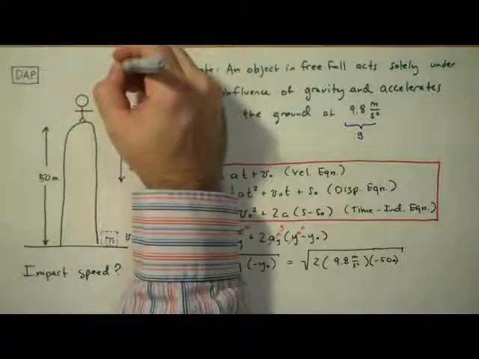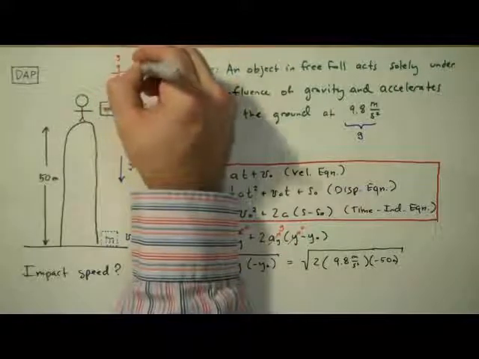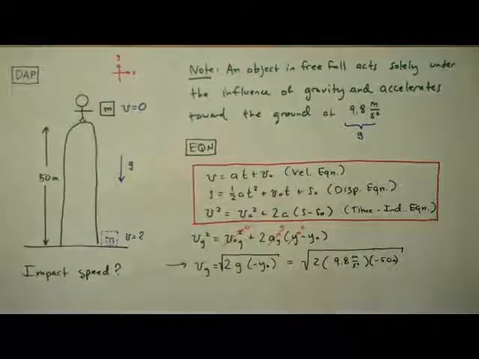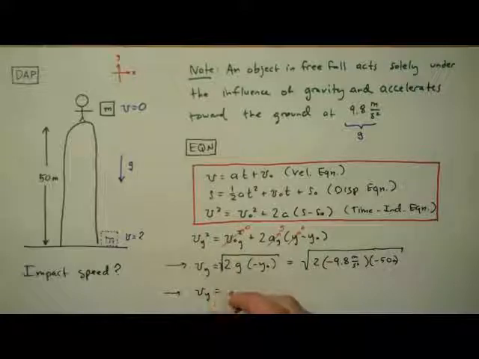So let's write our coordinate system here with positive y in the upward direction. Just for funsies, positive x in the right direction. So this tells us that that value for acceleration is negative, which makes that product under the square root sign positive. Whew! Averted disaster. So we have vy is equal to 31.3 meters per second.